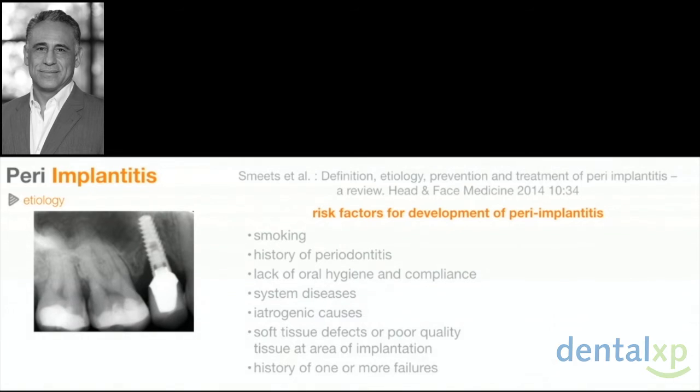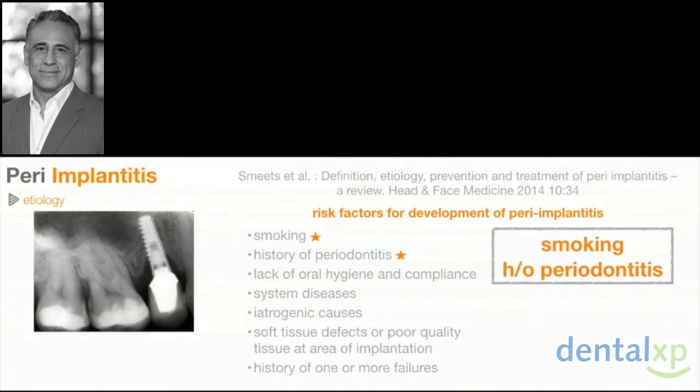Looking at the etiology, a study by Smith looked at the risk factors for development of peri-implantitis, and he listed a number of factors that seem to be common, and this has been noted in various literature. Smoking, history of periodontitis, lack of oral hygiene and compliance, systemic diseases, iatrogenic causes, certainly soft tissue defects or poor quality of the tissue at the area of the implant itself, and also history of one or more failures.